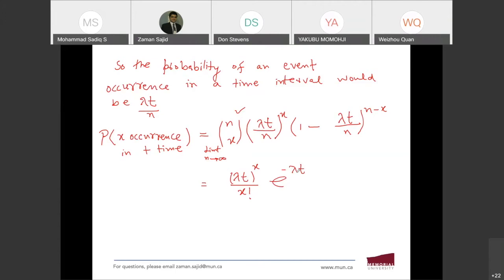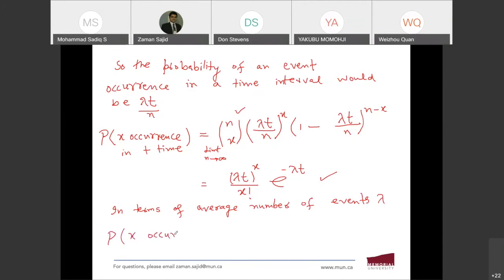Okay. Now this formula is in terms of your time, but if you want to take it in terms of the average number of events, this will be P of x occurrences.